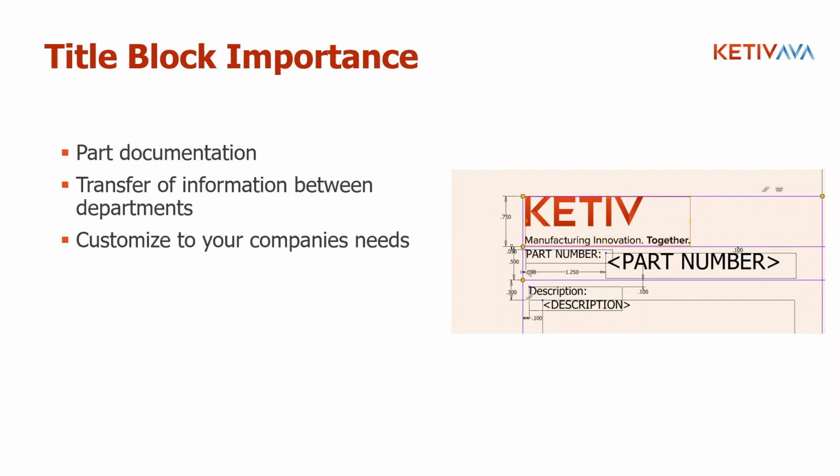And so custom title blocks allow you to narrow down that information and be a lot more specific on what information you want on there, what needs to be transferred between departments, and allowing you to be a lot more concise, clear, and standardized. When you have a nice template, you can share that between your engineers so that they all share and transfer the same information.